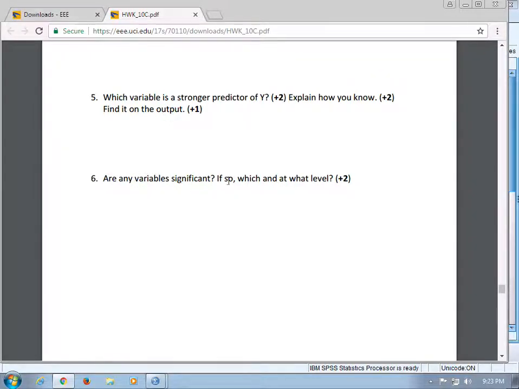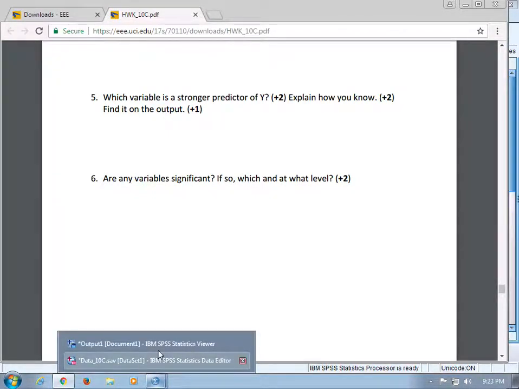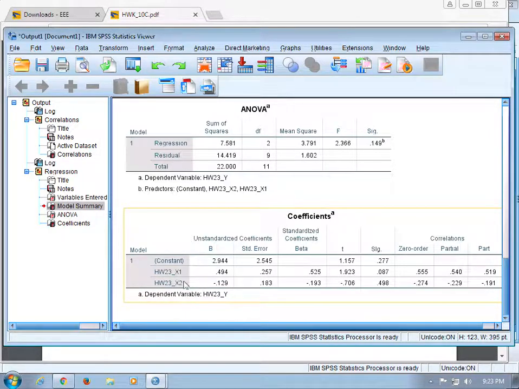Are any variables significant? If so, which and what level? So there's a few ways to test this. One way to determine the significance of an independent variable is with t-tests on the coefficient of that independent variable. So to answer this, you can look at these significances here. And then these would be the p-values which you then compare to some alpha value.